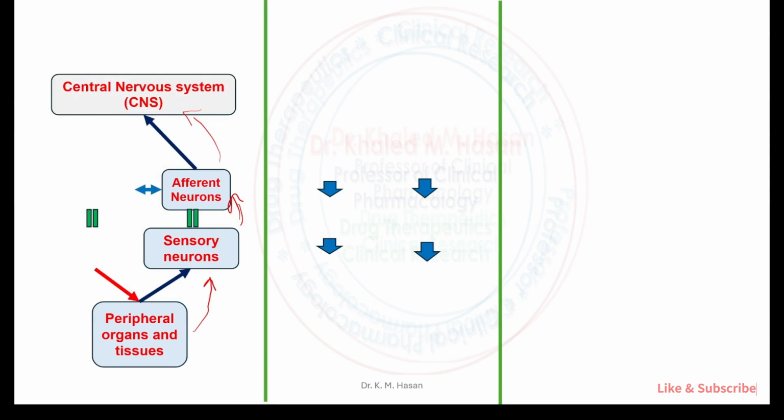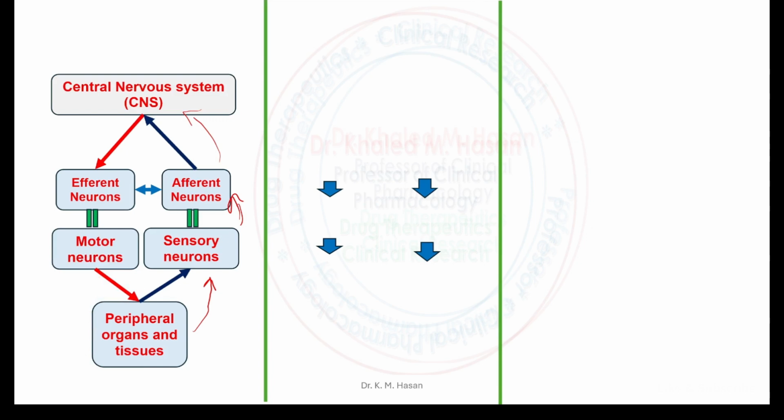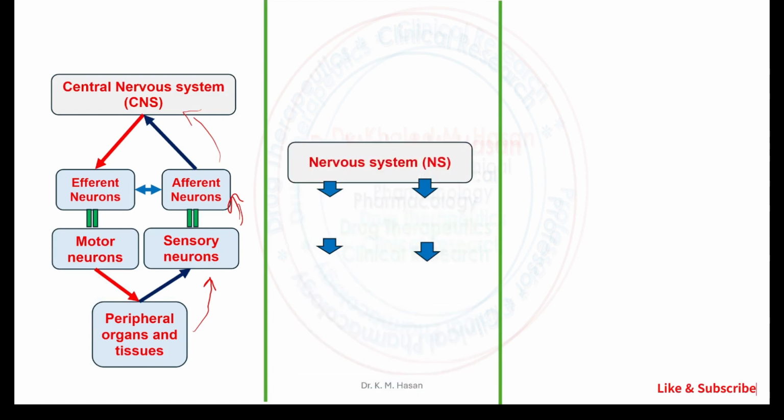Then the central nervous system responds through the efferent neuron, sending the motor response to the periphery. So the afferent neuron carries the sensation from the periphery to the central nervous system, and the central nervous system responds through the efferent motor neurons, by muscle contraction or gland secretion.